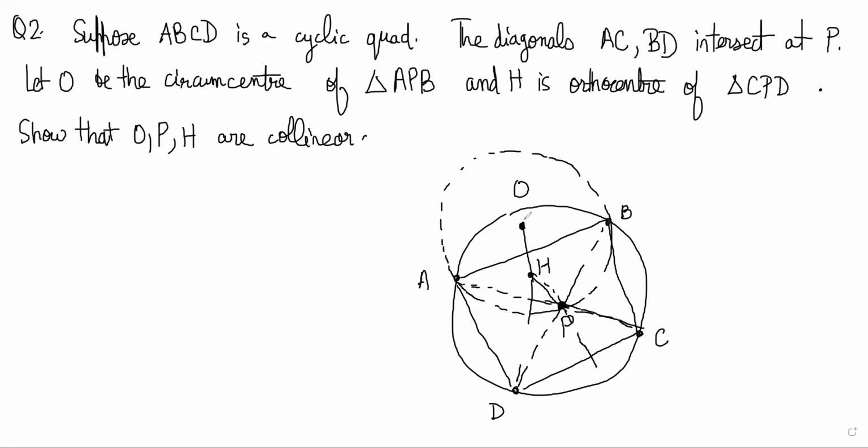So the angle PHO is 180 degrees actually. This looks like less than 180, but it is actually 180. So we have to check that. So we have to prove that H lies on OP or something like this.